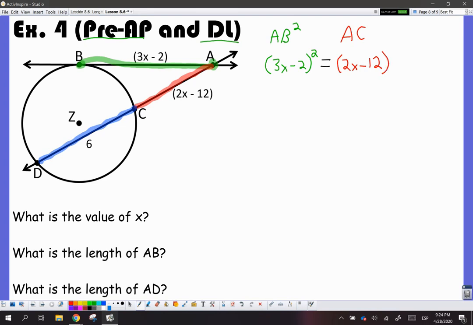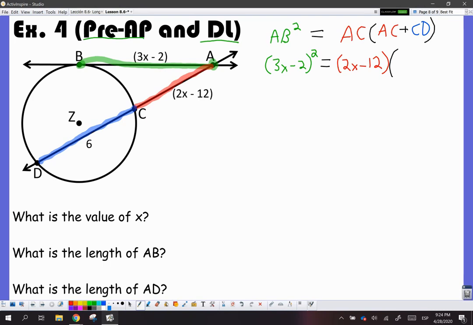And I'm putting that in parentheses so that I know that that's going to be the expression for the exterior part of the secant. Let me put this here. And I know that there's going to be AC again, because now it's the exterior part plus the interior part, which in this case is CD.